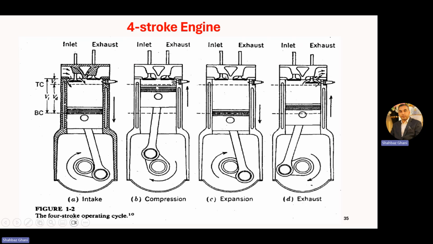And when piston reaches TDC, you have a spark here. Ignition starts and combustion starts. Now piston moves from TDC to BDC, your power valves are closed. When it reaches the BDC, power stroke finishes and it moves again from BDC to TDC. Exhaust valve is open and you get the exhaust.